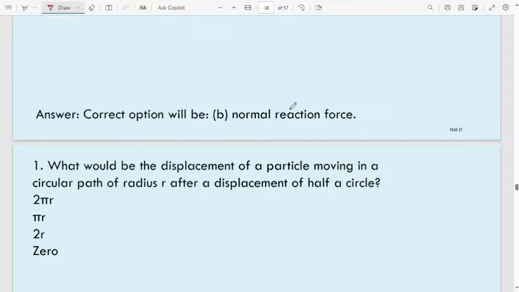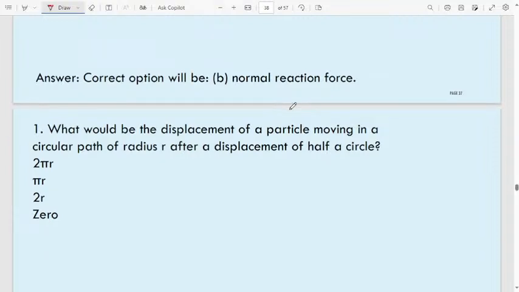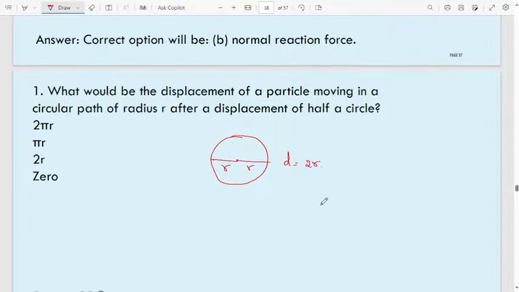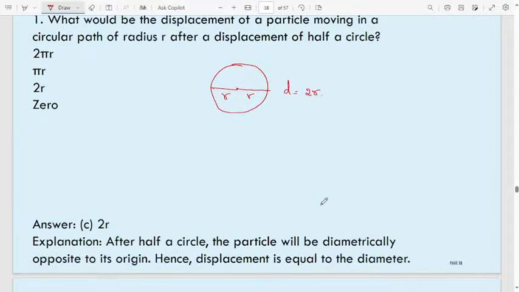Next, what will be the displacement of a particle moving along a circular path of radius r after a displacement of half of a circle? See, this is the circle, this is the center, this is the radius. Half of the circle, this is the displacement, it will be 2r.